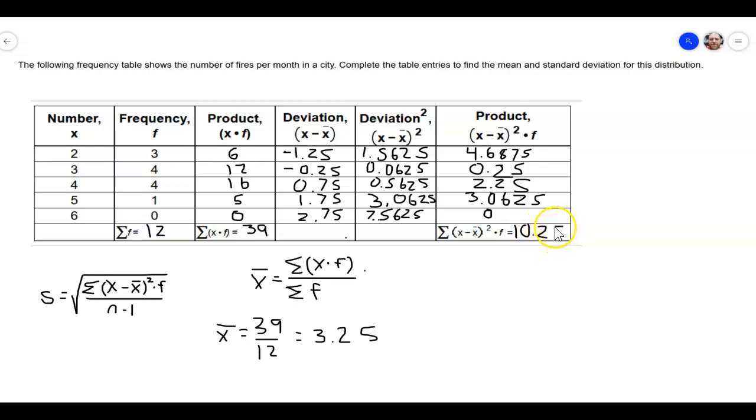So this is a whole lot of work. This is the top part of that s. So s is equal to, I can replace the whole top part with a 10.25.